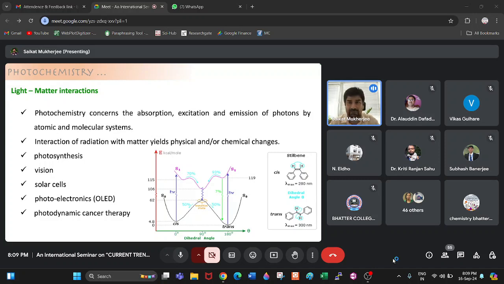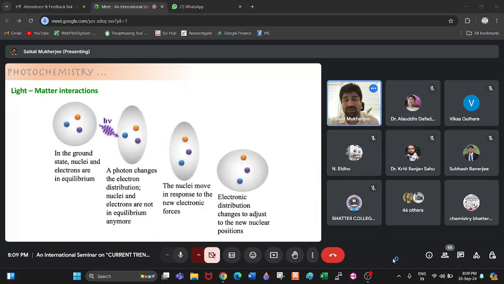So how does it work? Let me first tell you how it works theoretically. In the ground state, you are happy with your nuclei and electrons in equilibrium like this. Then you shine a light. Immediately, the light changes the electron clouds of your molecule, the electronic distribution. And nuclei and electrons are no longer in equilibrium. So with this changing electronic cloud, your nuclei have to respond.